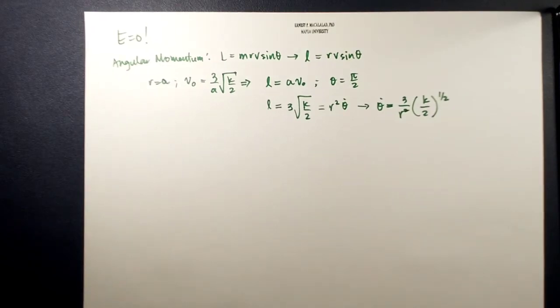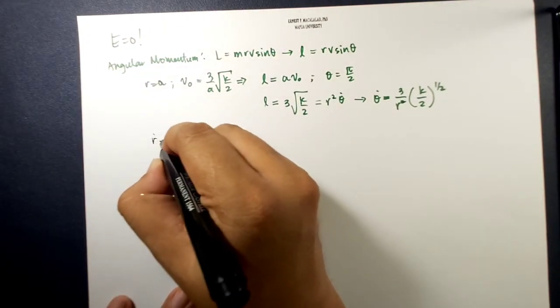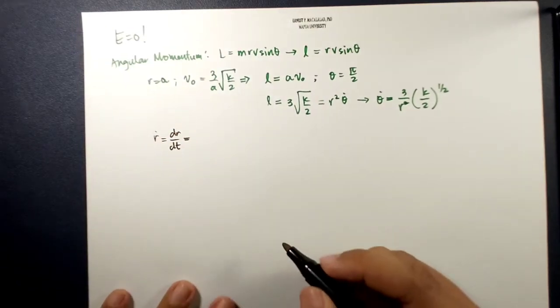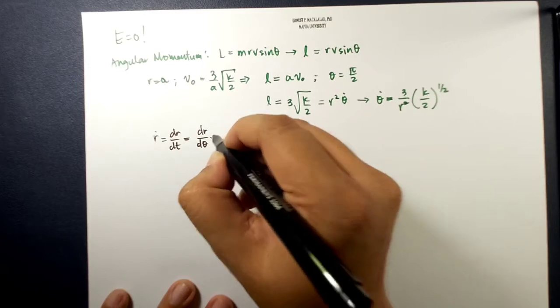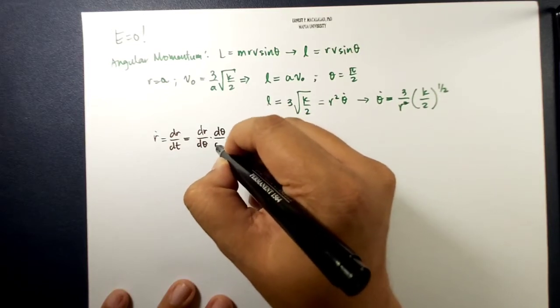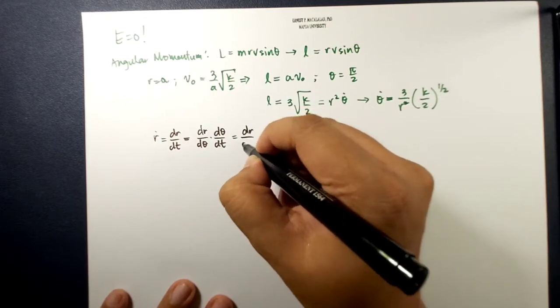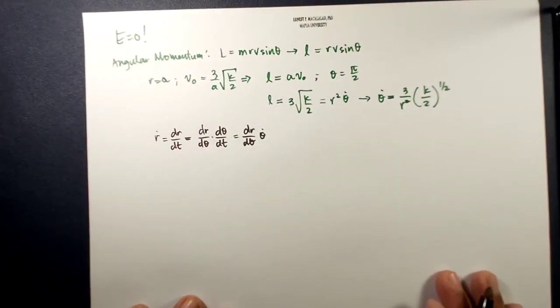So we know that r dot, on the other hand, which is the time derivative of r with respect to time, is equal to the derivative of r with respect to theta times the derivative of theta with respect to time, or simply the derivative of r with respect to theta times theta dot.